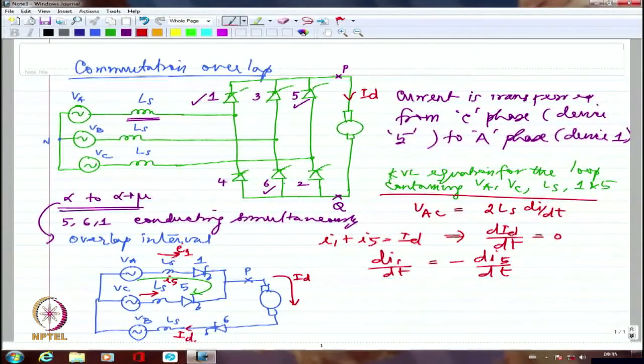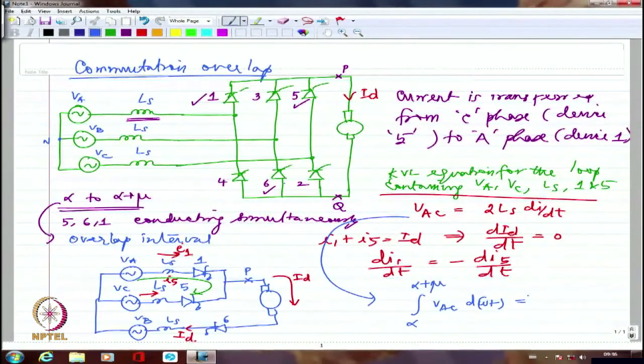From here, we wrote that VAC d omega t integrated between alpha to alpha plus mu, because at alpha I fired device number 1, and until alpha plus mu I had both the devices conducting simultaneously, is equal to 2 multiplied by LS multiplied by DI.